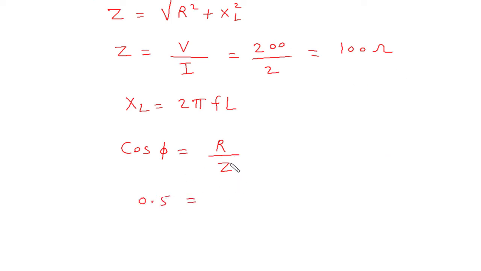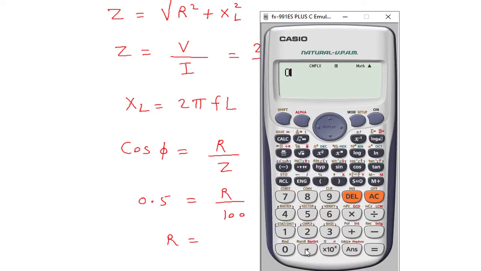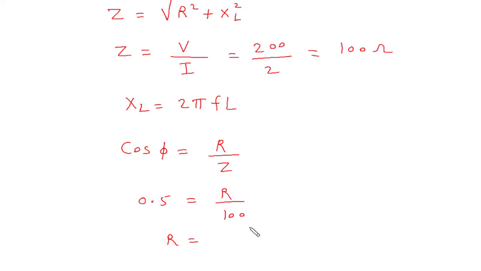Now we have the value of Z. Z is 100 ohm. So 0.5 is R by 100. Therefore R is equal to 0.5 into 100, which is 50 ohm. So 50 ohm is the value of resistance.